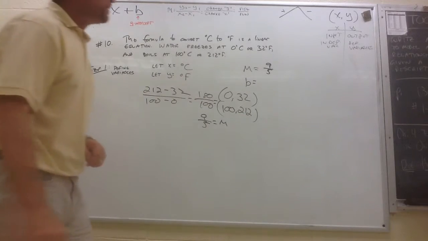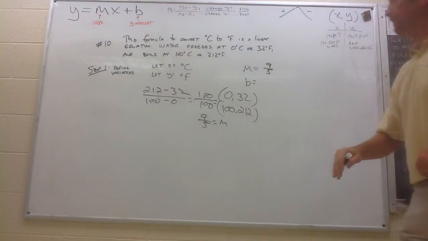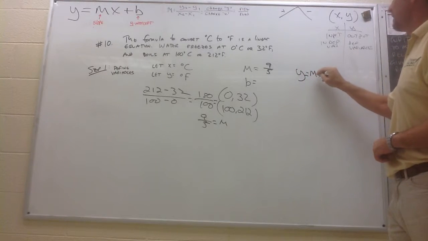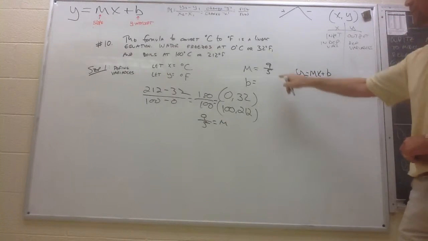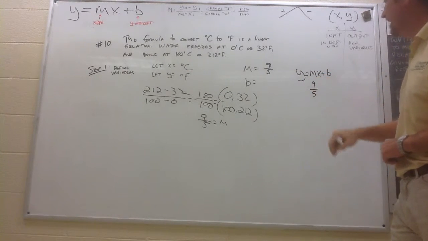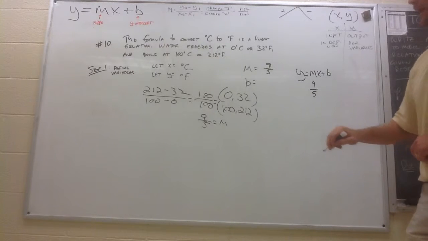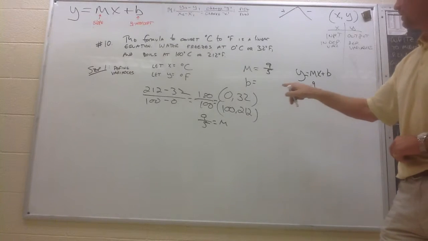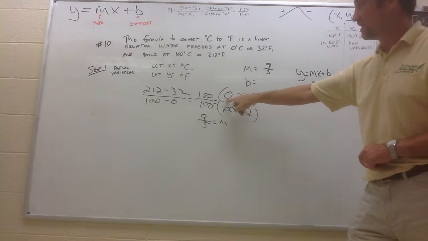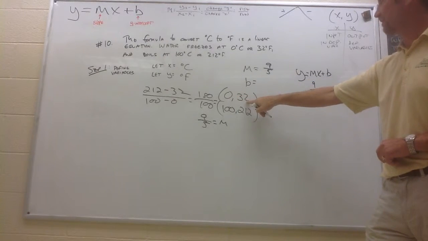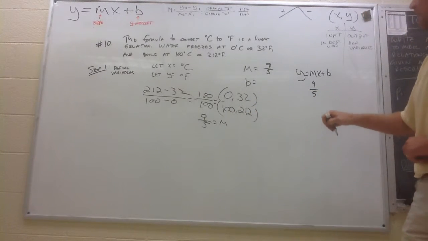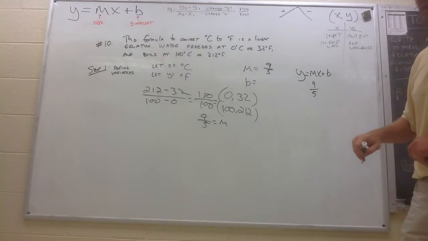Now, to find the y-intercept, we use, remember, slope-intercept form. y equals mx plus b. We just said that our slope was 9/5, so I'm going to replace this m with 9/5. If we want to solve for b, we can use either point for x and y, and then solve for b.